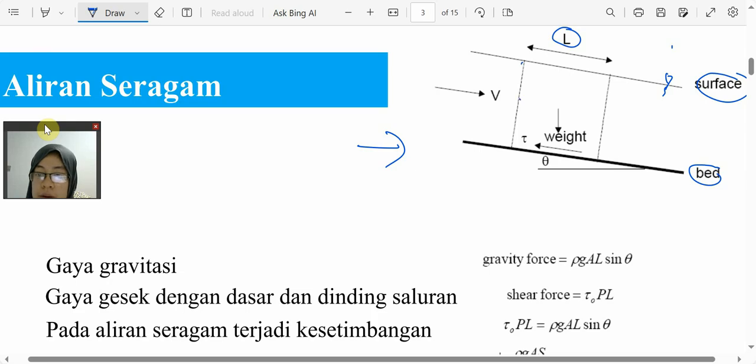Okay, so this is the imaginary boundary line that we will focus on, this water with this particular length L, and this water has a weight, which is because of the gravitational force, which is equal to the weight of the water in here.